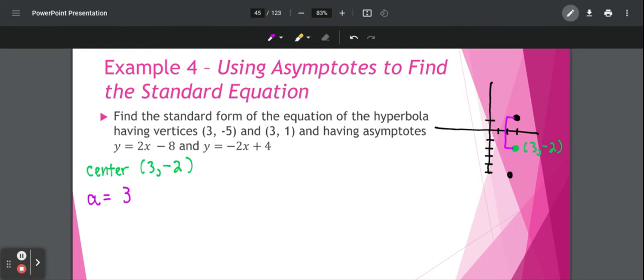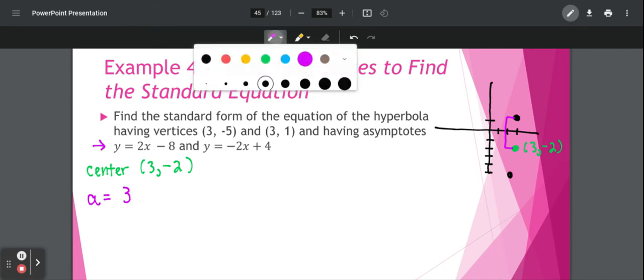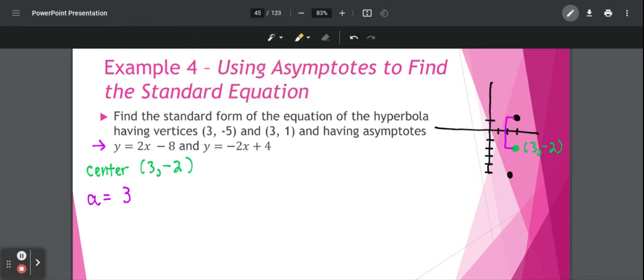So the way that we're going to use B is with this information about the asymptotes. If you look at your asymptotes, you'll notice their slopes are +2 and -2. And remember we talked earlier about the slope of asymptotes. We could go back to this sketch here.